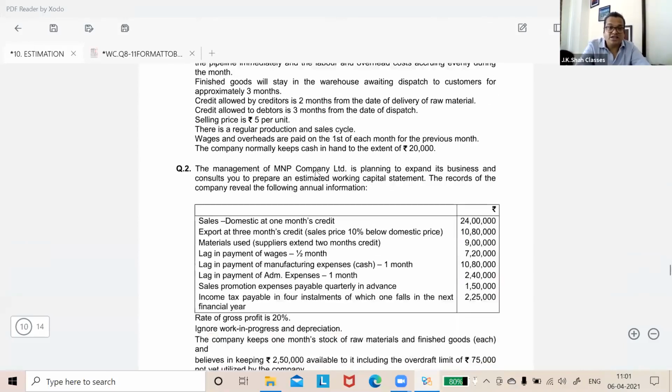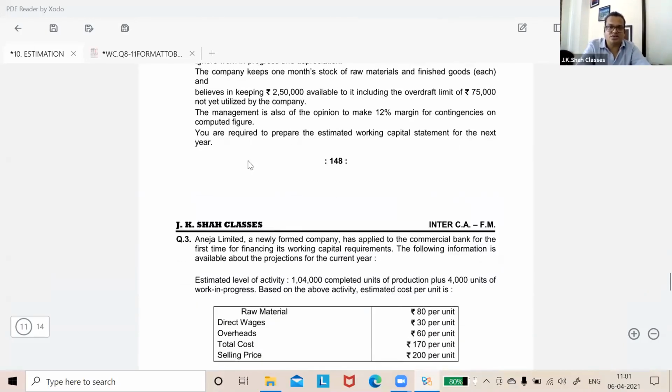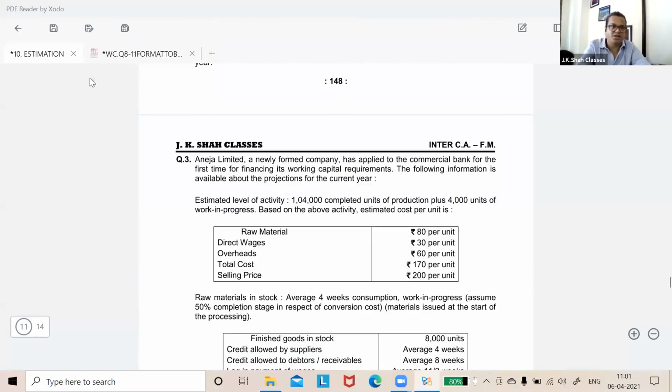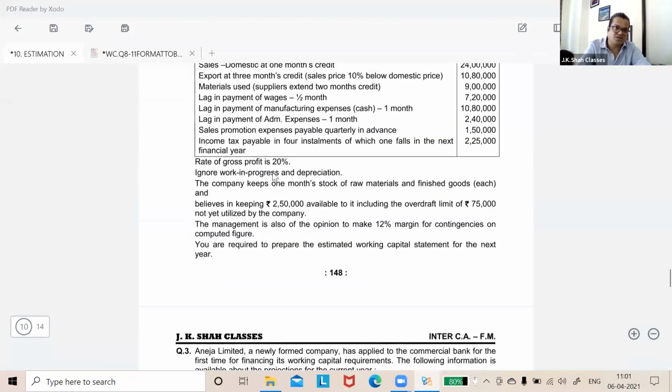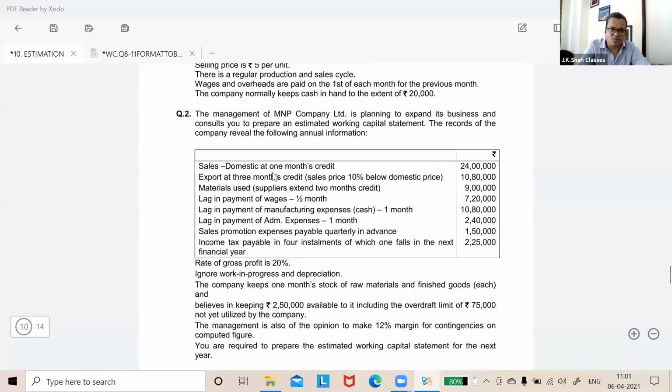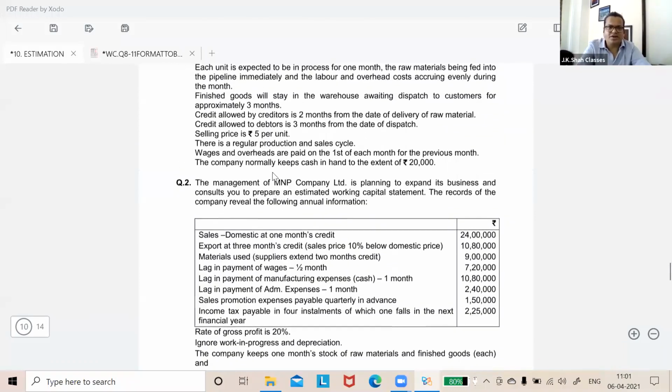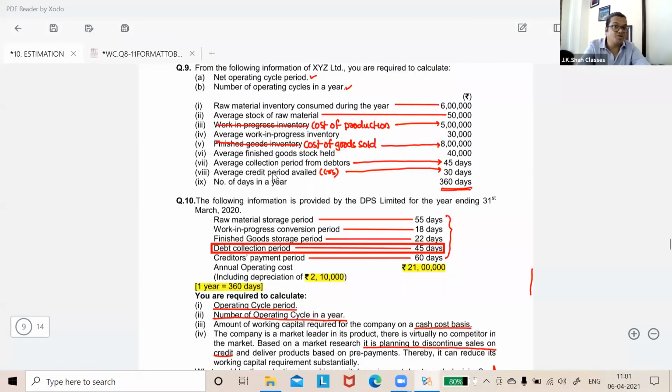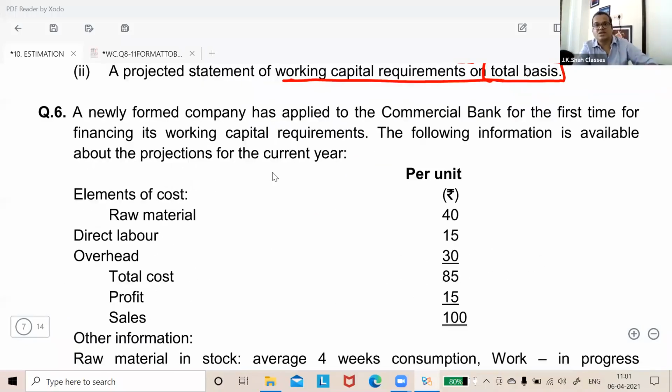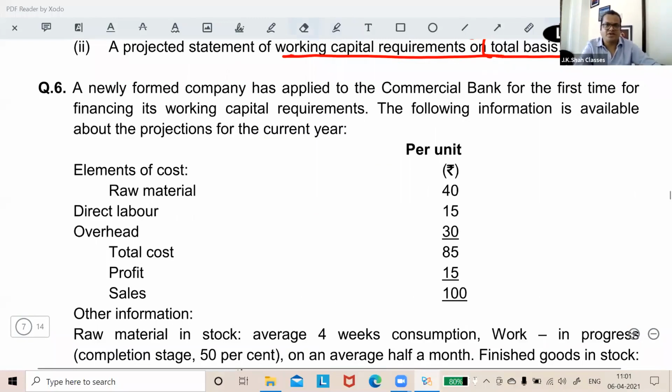Okay, fine. See here, I'm going to cover a question saying it is a newly formed company in the to-be-discussed question. So for question number 6, we are making a small change. Instead of keeping it a newly formed company, we are just canceling this part. Please do that, and then we will discuss it. We are going to say that it is just a company, not a newly formed company.